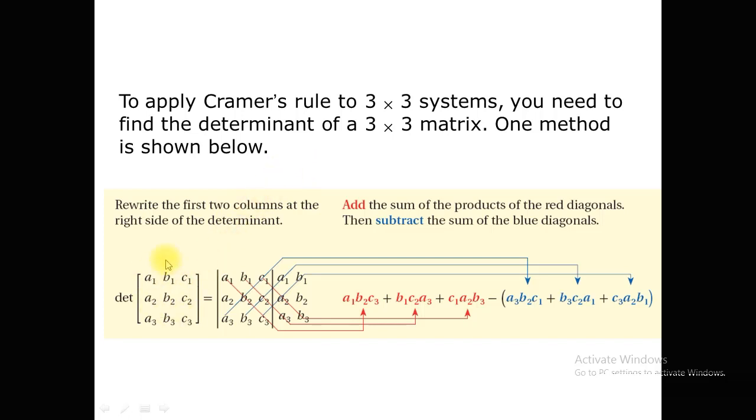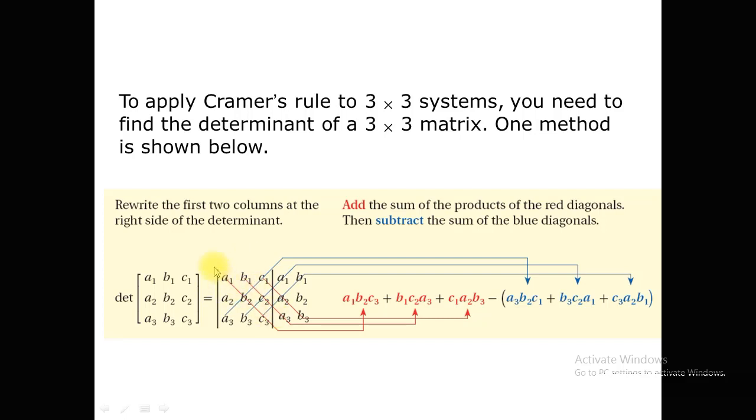So this is the coefficient matrix of a 3 by 3 system, and its determinant can be found by the cofactor expansions.